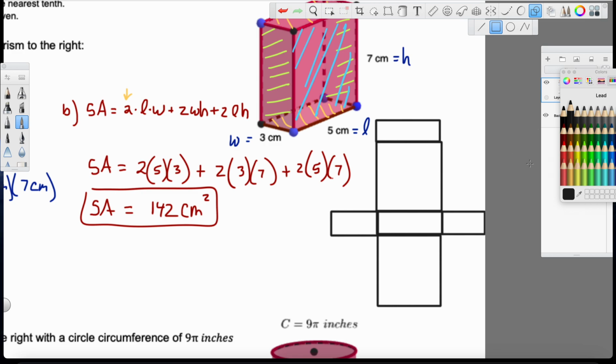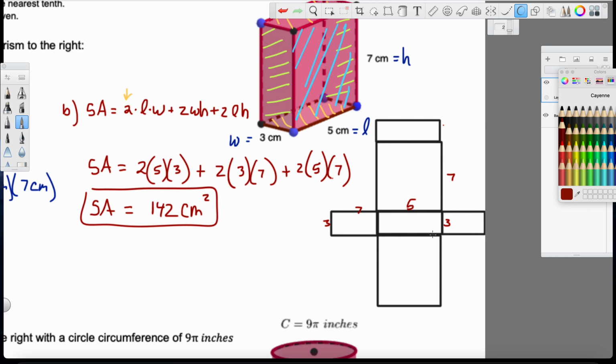So we get 6 sides, and I could find the areas of each individual rectangle and add them all up. So the 5x3, 5x7, and this one would be 7x3, and I could come up with the same thing.